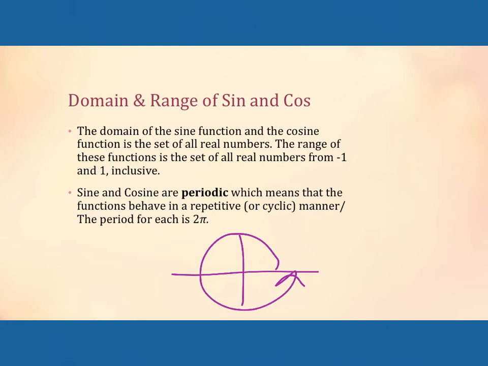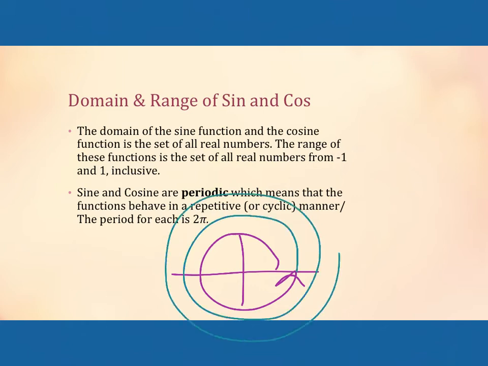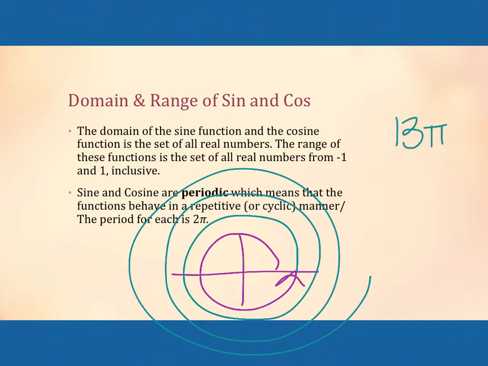And sine and cosine are periodic, which means that the functions behave in a repetitive or cyclic manner, and the period for each is 2 pi. That means we now know all the points on my first circle, but I can continue around and around this circle, and you should still be able to figure out those same points. If I give you something like 13 pi, that's not on my initial unit circle, but I know that if 2 pi and 0 are on my right, every 2 pi is going to continue to be on my right.